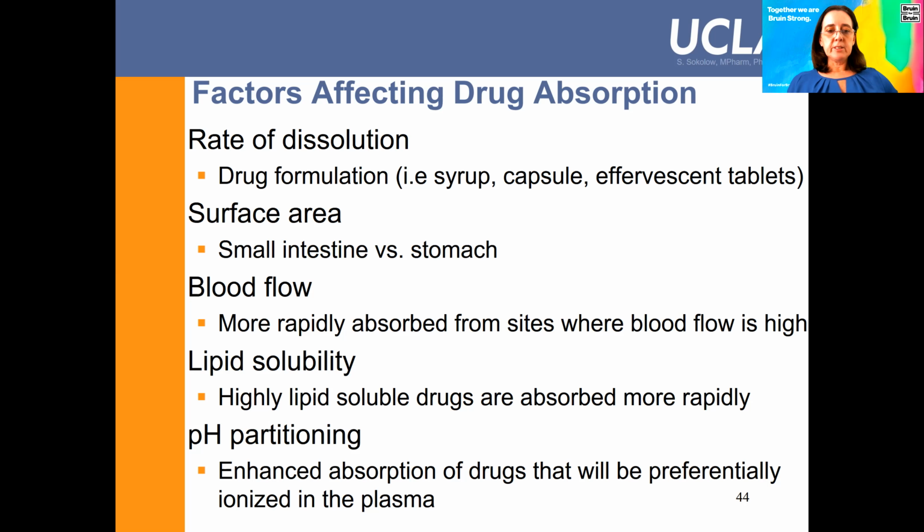So pH partitioning can enhance the absorption of a drug that will preferentially ionize in the plasma. And this pH partitioning is actually a method that is used in toxicology to remove some drugs in case of poisoning.